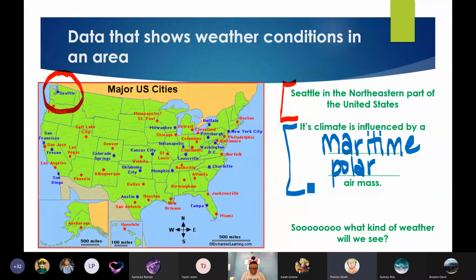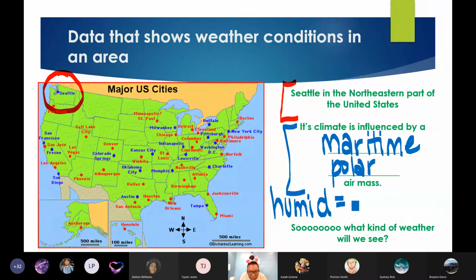Cold and humid. Cold and humid. And what does that word humid mean? Moisture in the air. It means moist or wet air. When I see that word humid, it means moist or wet air.